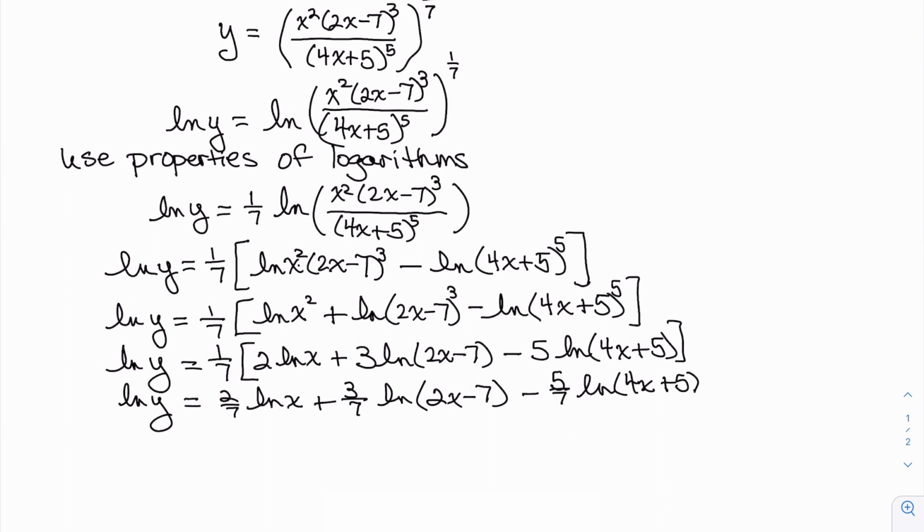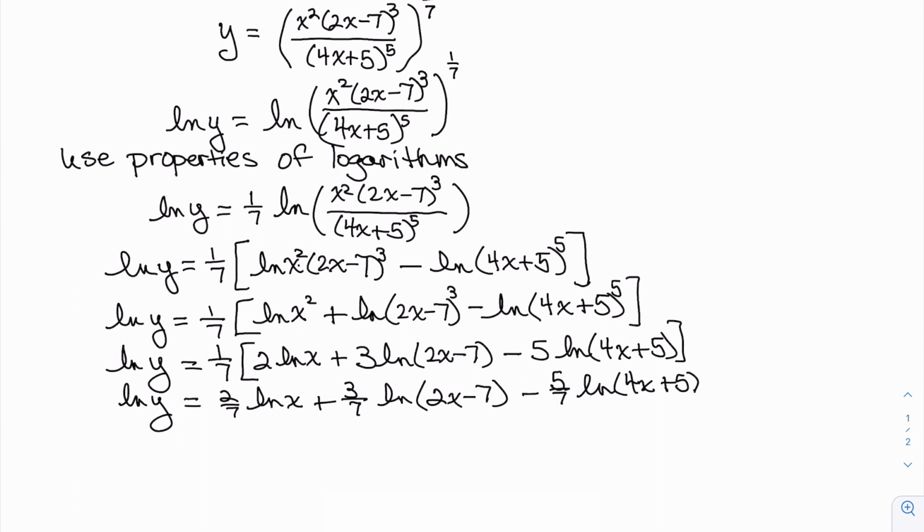Now that I have this out term by term and I've brought all the exponents down, I've simplified it as much as I can with the properties of logarithms, we are going to take the derivative. And because there's an action on the dependent variable y, we need to use implicit differentiation on that left-hand side.